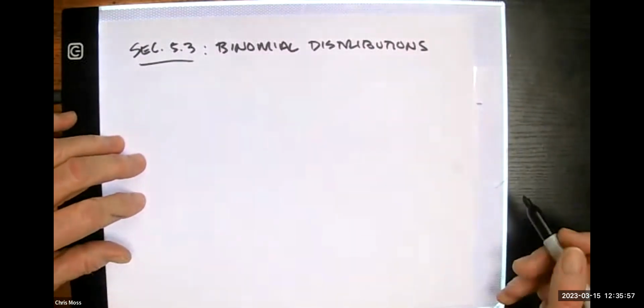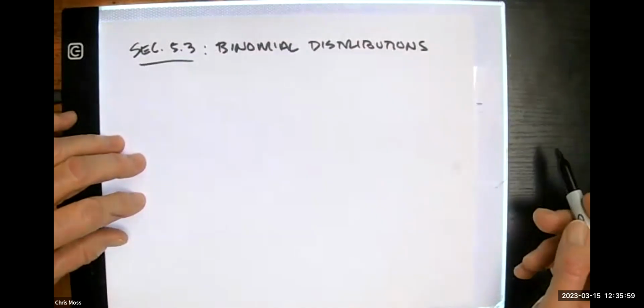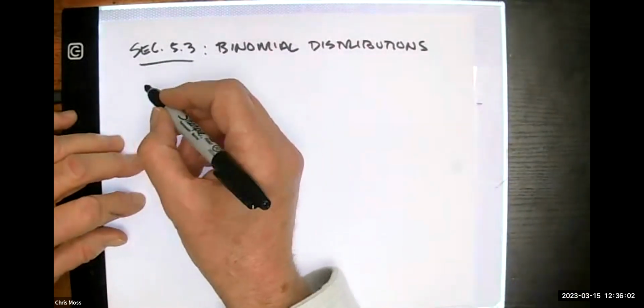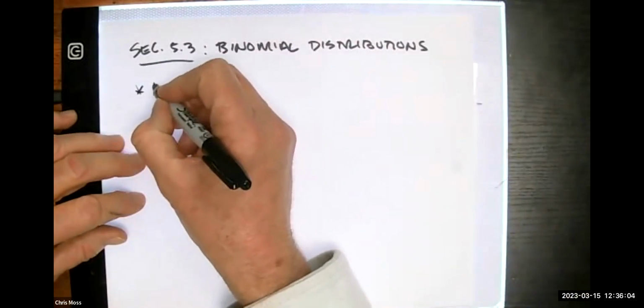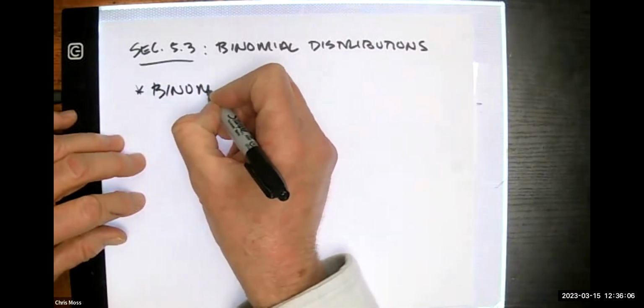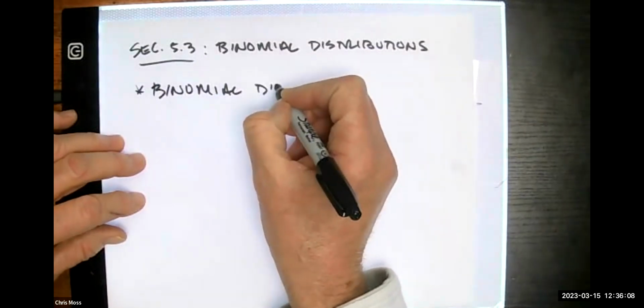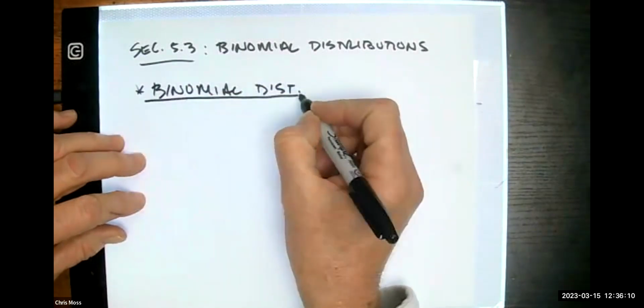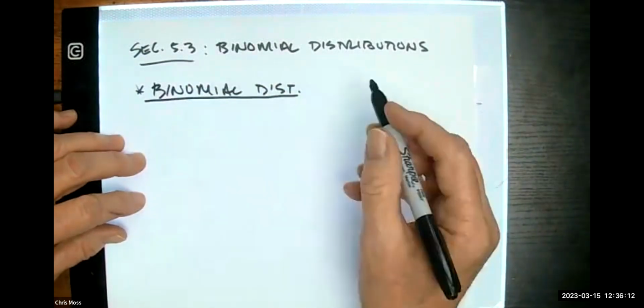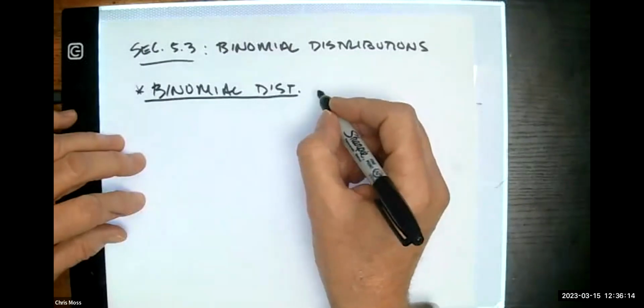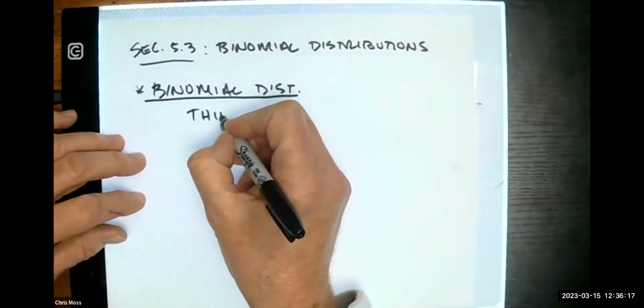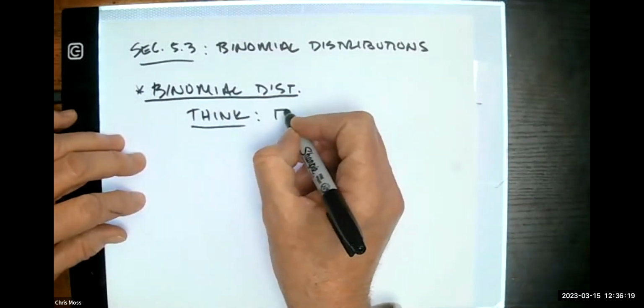All right, so the binomial distribution. A couple of things to get going. I'm going to give you a very basic definition. A binomial distribution has 4 main requirements. But before I do that, I want you to think, flip a coin.